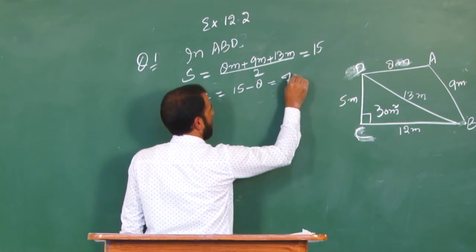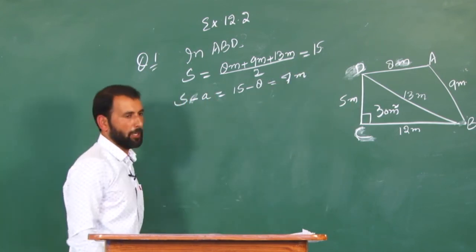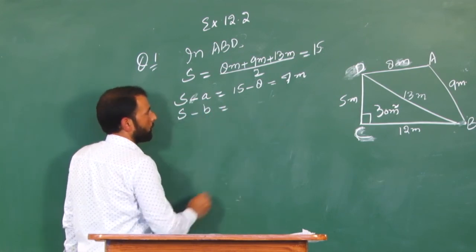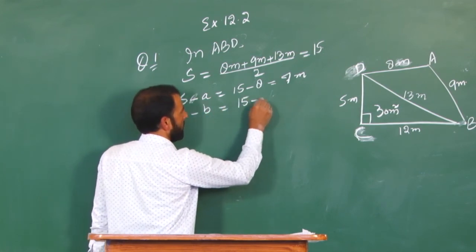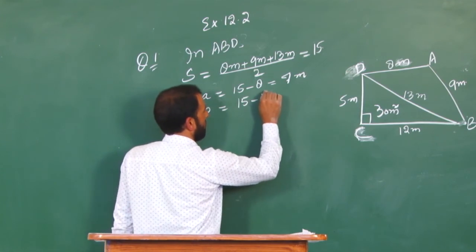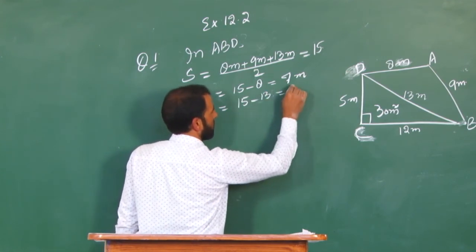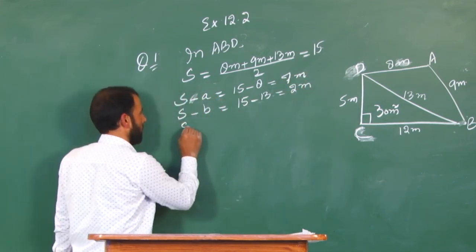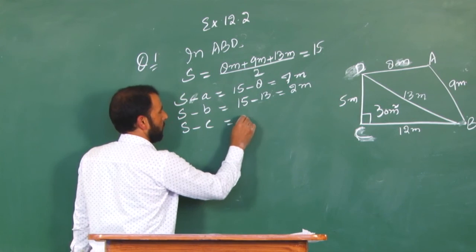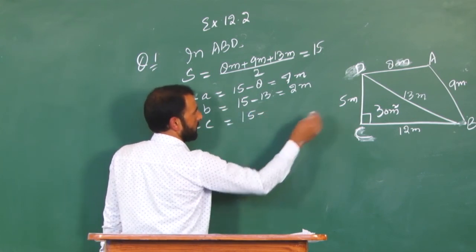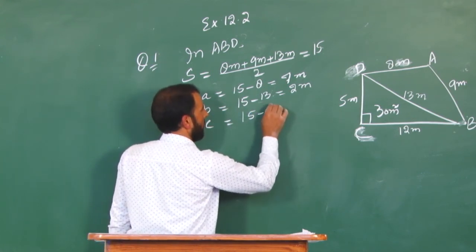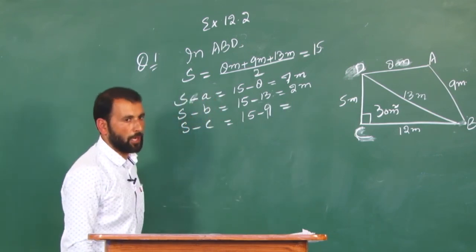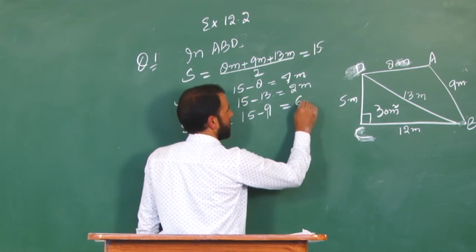That equals 7 meter, which is S minus A. Then S minus B equals 15 minus the other side, 13. That implies 15 minus 13 is 2 meter, which is S minus B. Then the third one is S minus C, that equals 15 minus the third side, 9. So 15 minus 9 is equal to 6 meter.